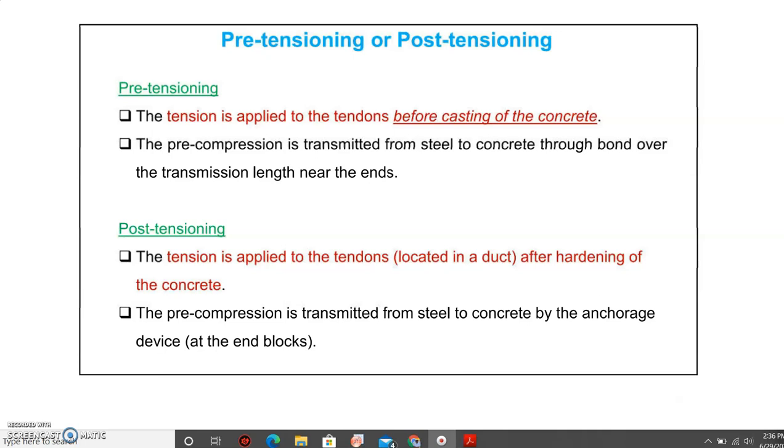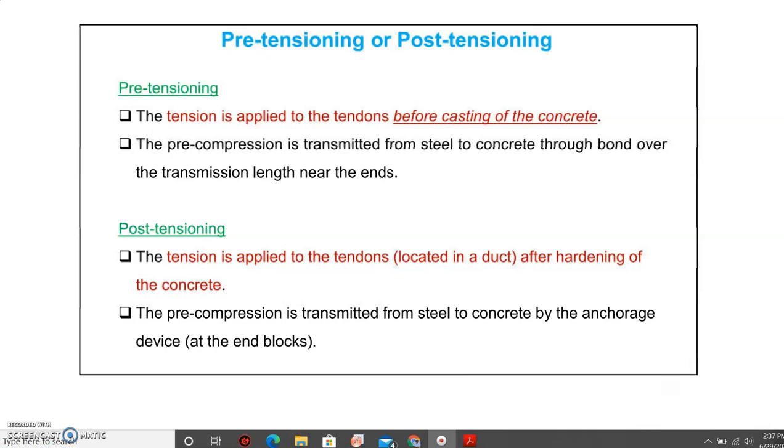In post-tensioning, the tendons are tensioned after hardening of concrete. The pre-compression from steel to concrete is transmitted through the bond, or a transmission length at the end of the section, in pre-tensioned members.